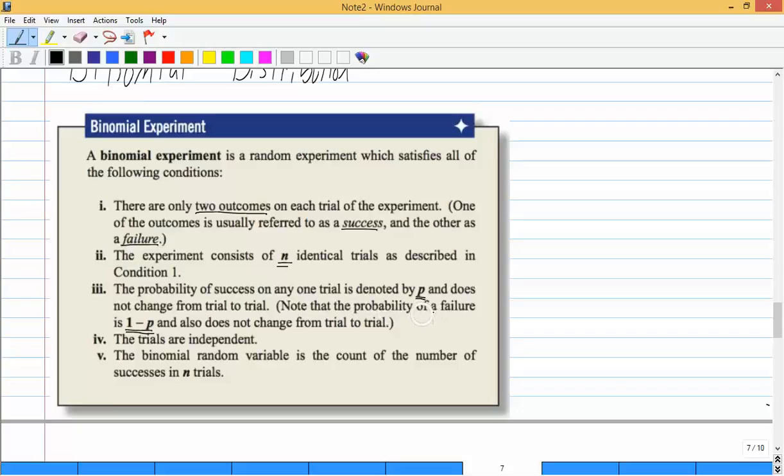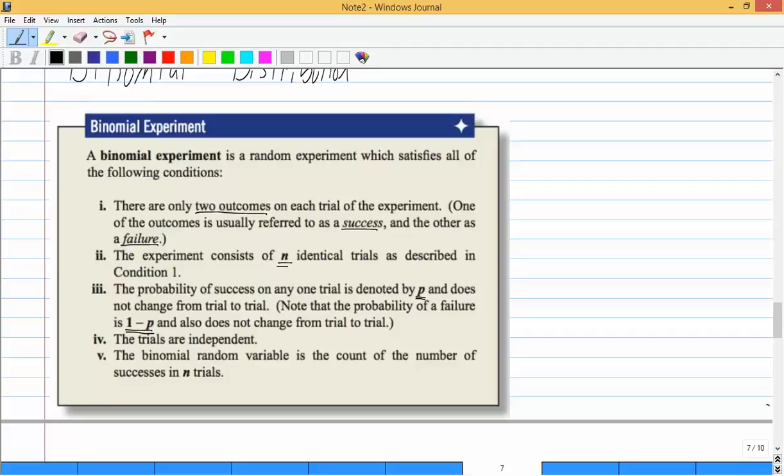Your book says the probability of failure is 1 minus p. Now, I've seen 1 minus p written as q a lot. So if you look up this formula in a different book, or maybe down the road you are in another class and you go over a binomial probability distribution, know that if you see q for failure, that's pretty standard.